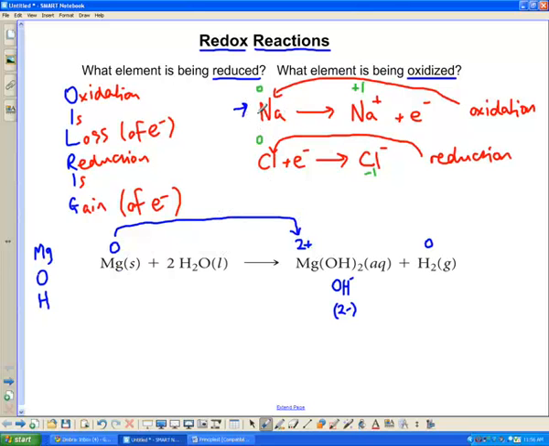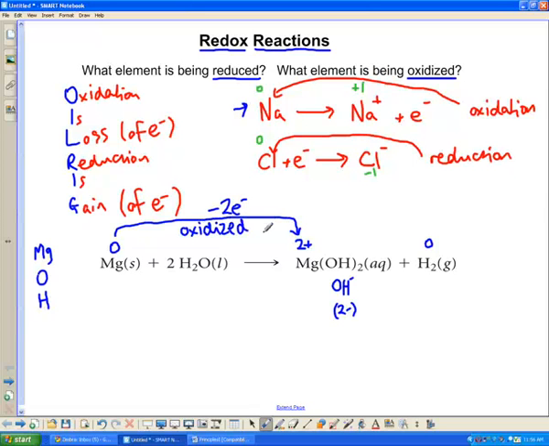The magnesium went from being 0 to being positive. In fact, that's the one thing you'll see about metals. Metals only ever lose electrons. They only ever get oxidized when they start off by themselves. It's always the way. So that means the magnesium lost how many electrons? Well, it lost 2 electrons. But more importantly, the magnesium was oxidized.